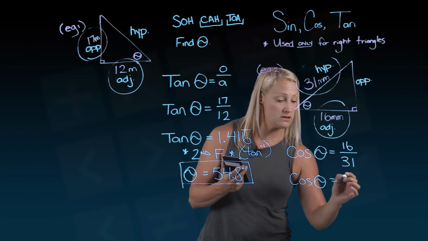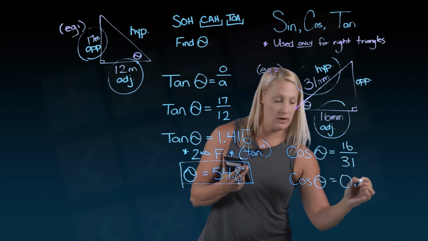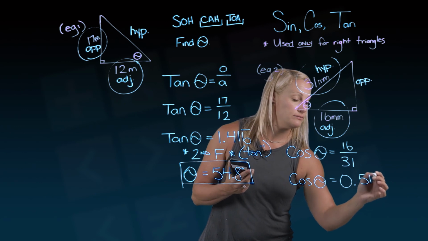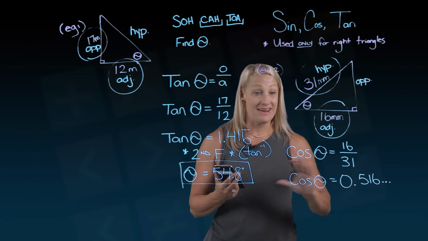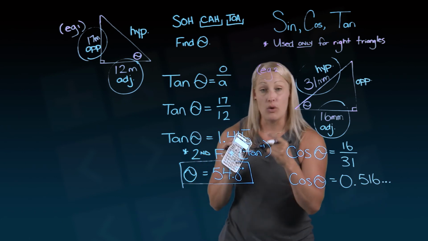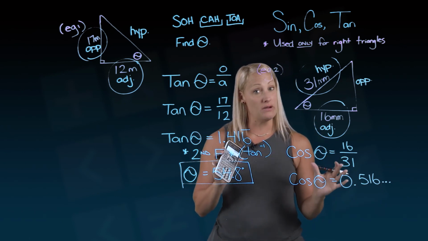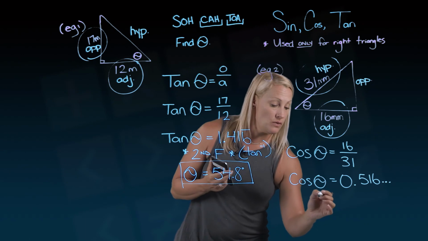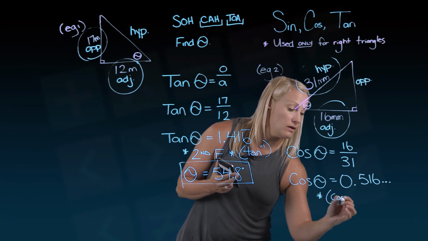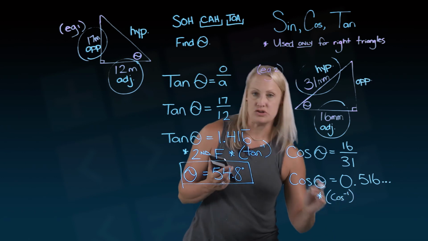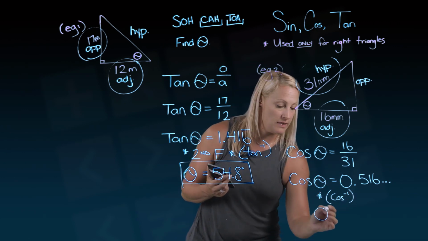It goes on for a really long time. I'm going to write 0.516. And I'm actually just going to put dot, dot, dot here to imply that I didn't round it to that. I'm leaving the whole number on my calculator. It's important not to round at this point. So now I'm going to find the inverse cos, or press second function, depending on your calculator, to find that angle.